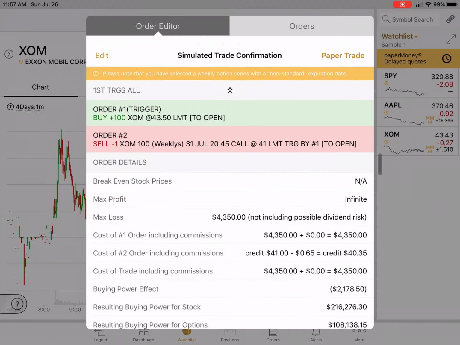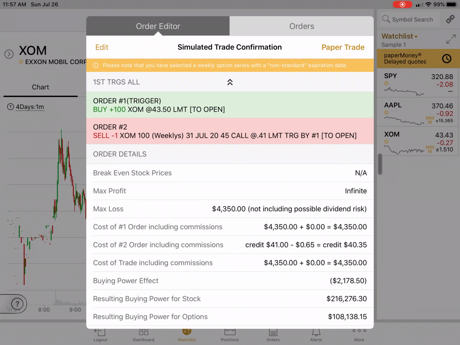I will confirm this, and then in the order editor now we see both of our orders together. The first one is the order number 1, that's our trigger. We're going to buy 100 shares of Exxon at 43.50, and this is going to start a new position for us, so we're going to open.